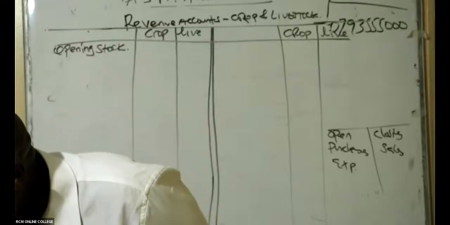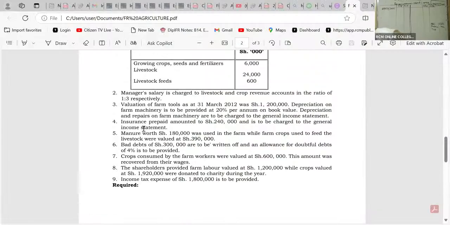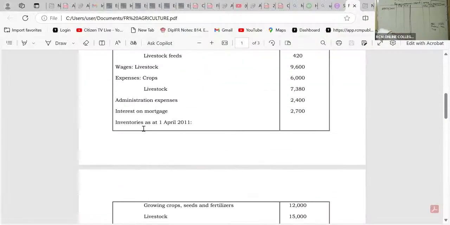Do we have opening stock? Oh yes. In the trial balance, these are 3 marks. You'll be able to see inventories as at the beginning, 2011. These are opening stocks. I can see growing crops, seeds, and fertilizers, 12,000.